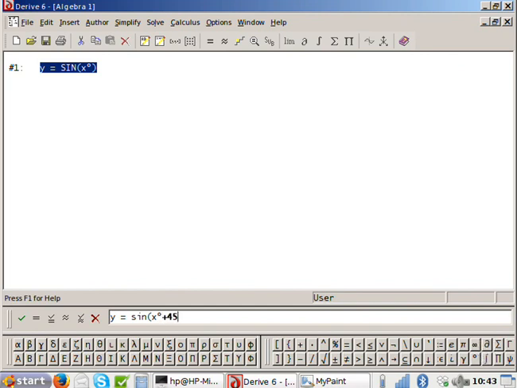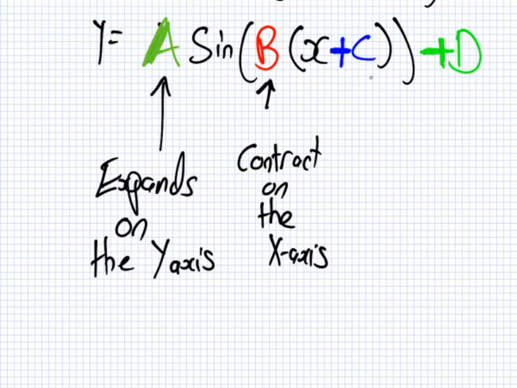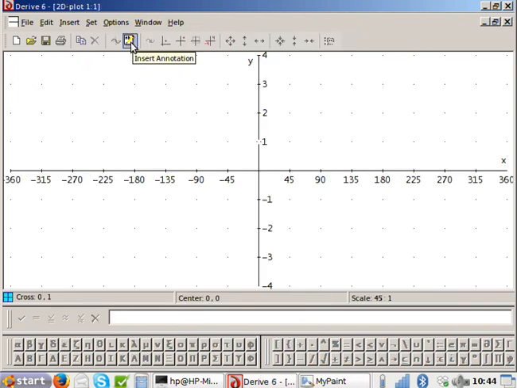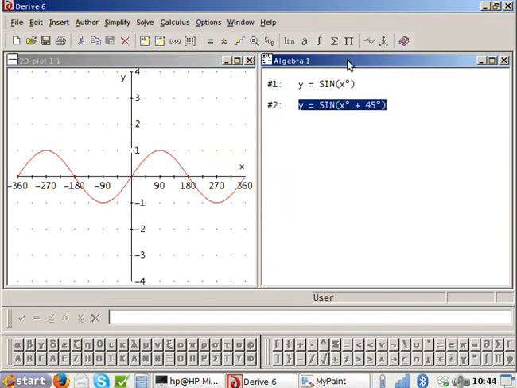Does anybody know what the result of having an A in the front does? Describe it visually. How does the graph change? Not quite this. The roots? No, the roots are unchanged. How does the A change the graph?